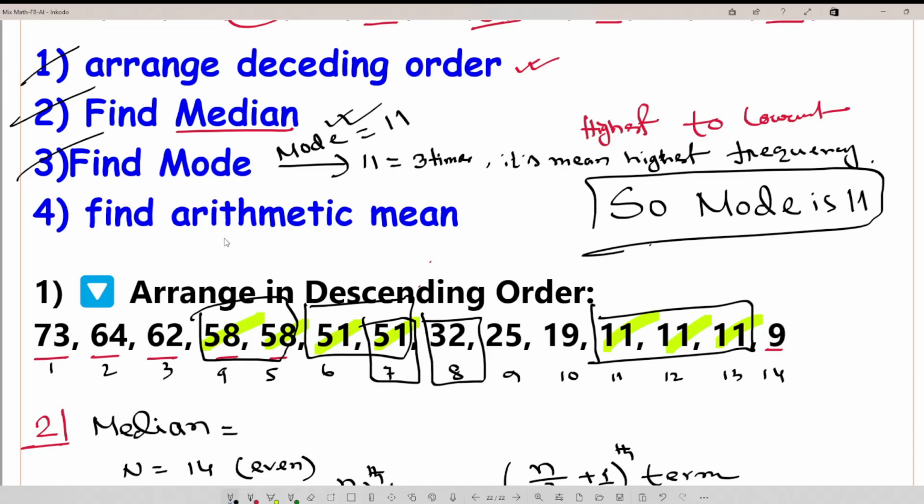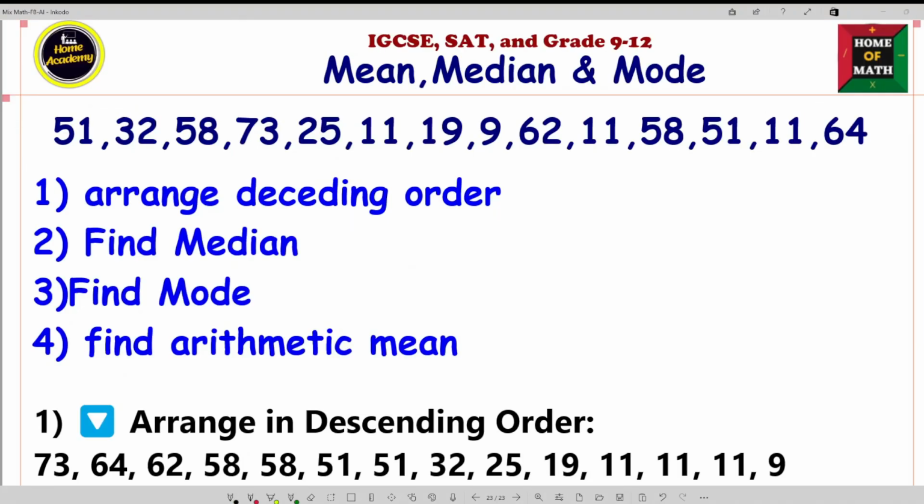Now we will find the arithmetic mean, which means the average. Once we are finding the arithmetic mean, we know the theory: arithmetic mean means the summation of all numbers divided by the total number.